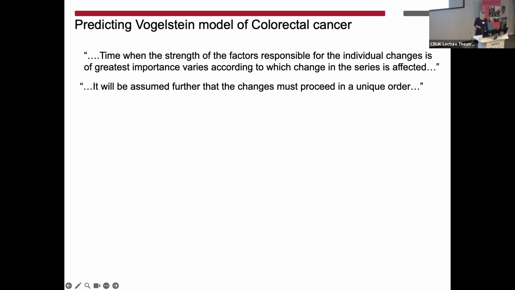Before I move on to that, one of the things that really struck me was how clearly Armitage and Doll said, you know, it will be assumed that the changes, whatever these changes are, must proceed in a unique order. And the time when the strength of factors responsible for the individual changes is of greatest importance varies according to which sequence and which change in the series is affected.